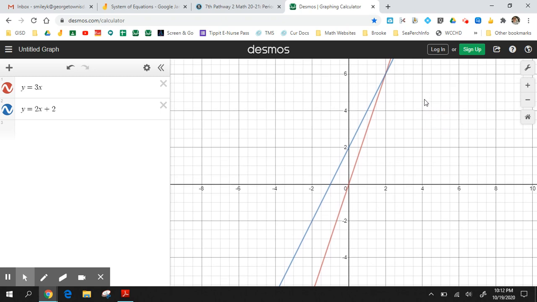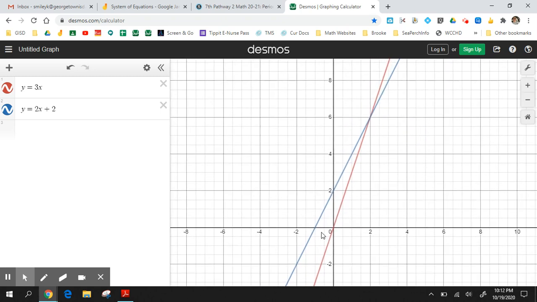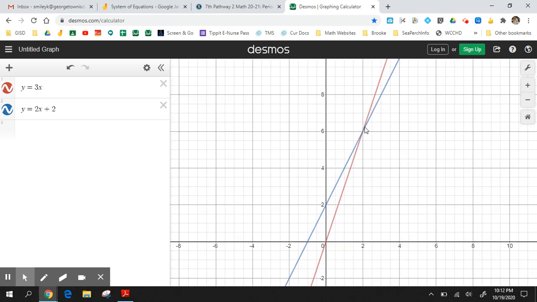If you kind of click and drag on your graph, you could see where they intersect. If you click on that point, it does tell you the point, and you can hover over it. You can click on many other points, and it will tell you (0, 2), (2, 6). It tells you one down here. Okay. Desmos is helpful when graphing. That's another way you could check to see if you graphed them correctly if you don't have one of those yellow TI calculators. All right.